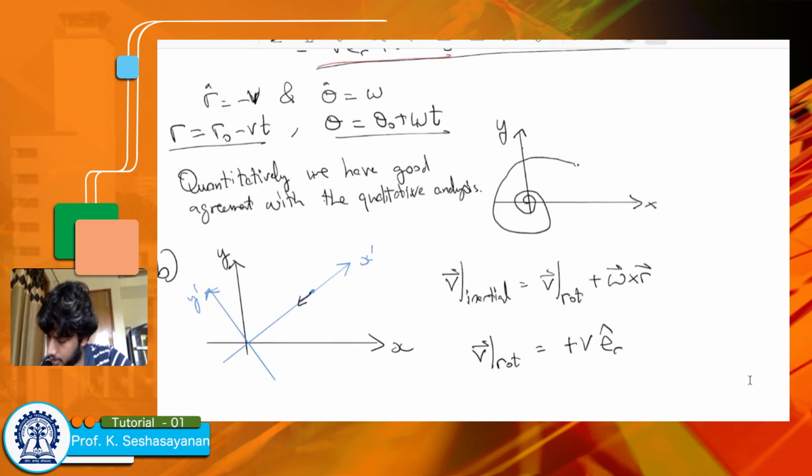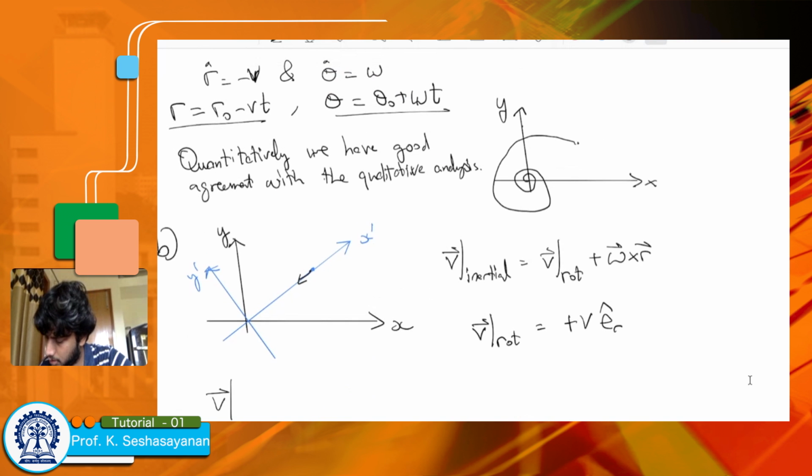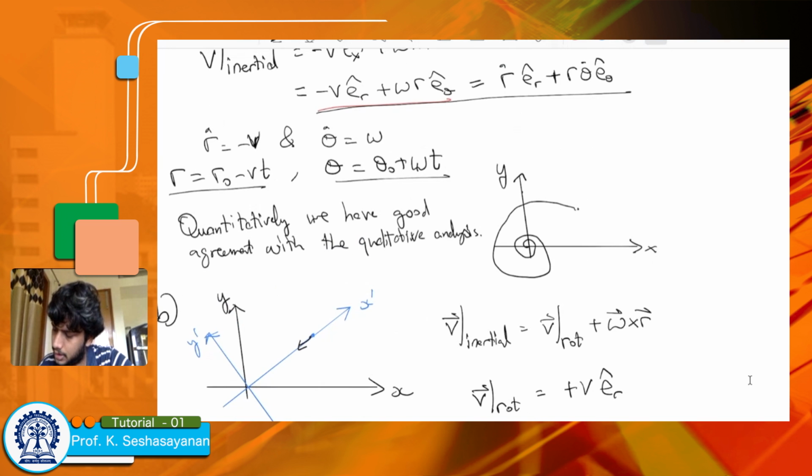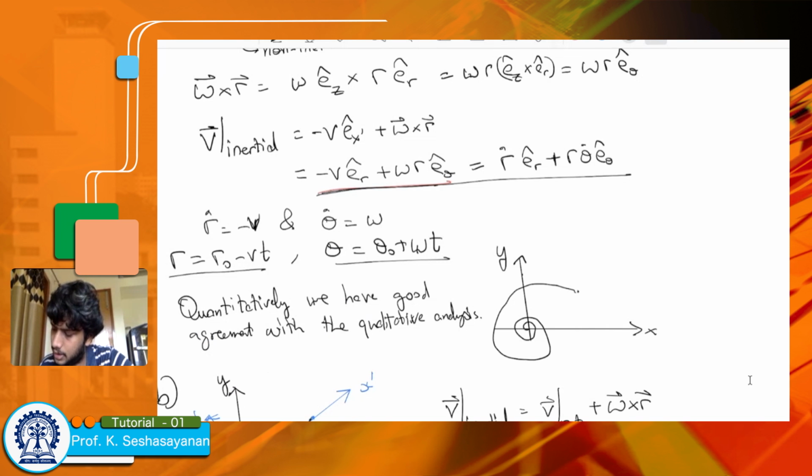So we'll just write V inertial to be equal to V ER hat plus omega cross R. And omega cross R can again be written as omega EZ hat cross R ER hat, and this is nothing but your E theta, so this gives V ER hat plus omega R E theta hat. So this is the same as the previous expression, just that you have a plus V instead of a minus V here.